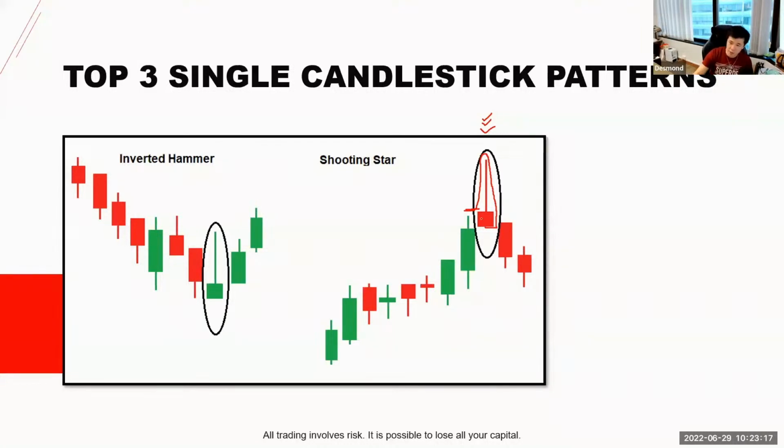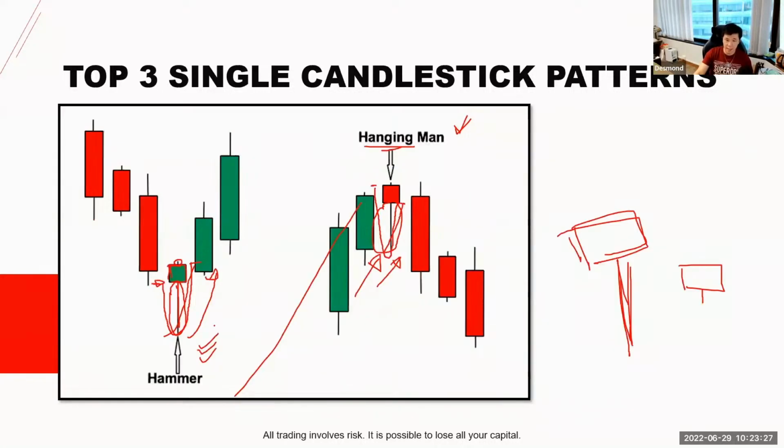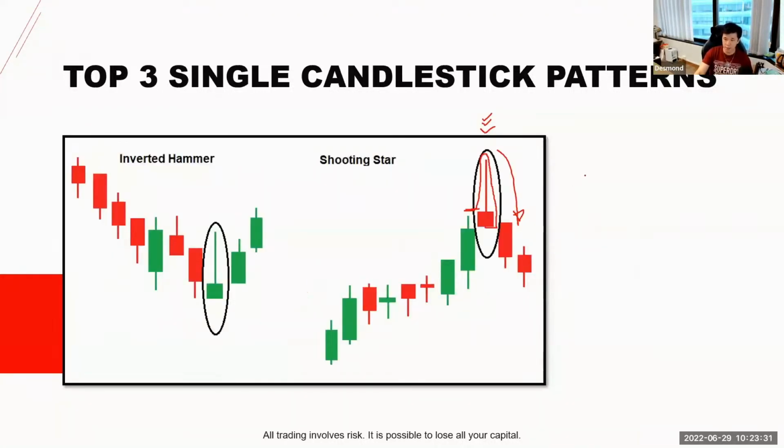That shows there's a lot of bearish downside momentum pushing prices down from here, which is why the shooting star formation is the equivalent of this. The shooting star is a very good single candlestick pattern to suggest bearishness.